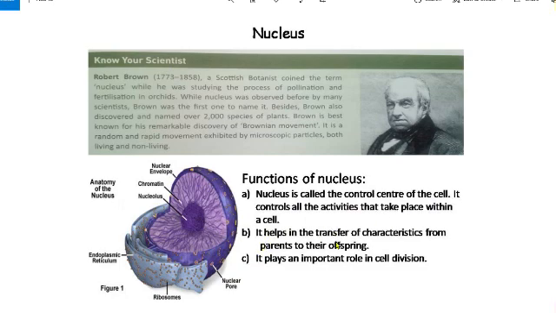It helps in the transfer of characteristics from parents to the offspring, parents to their children. Just now we have discussed that how it carries. And last one, it plays an important role in cell division. We will see how it plays an important role in cell division in our next class, higher class.